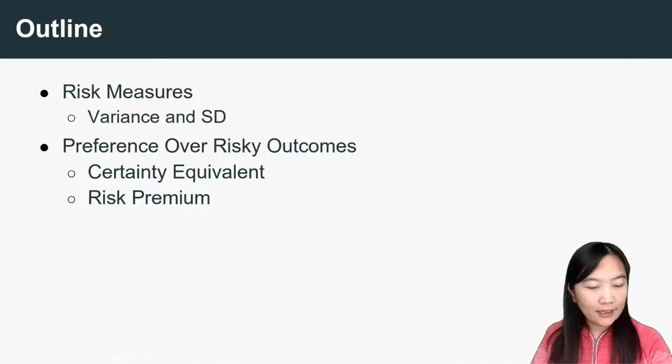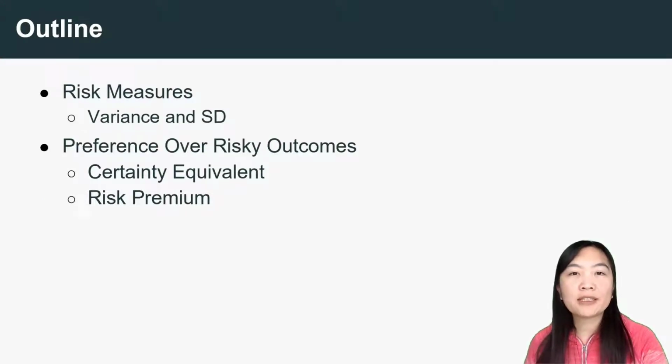The outline for today: first, I will spend some time on the risk measures, which are variance and standard deviation, which is the square root of variance. So I will go over the definition of variance and standard deviation and how you can calculate it.